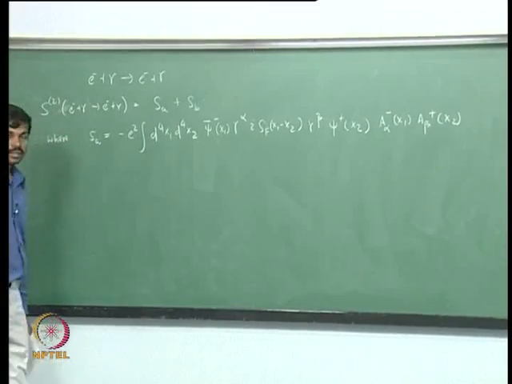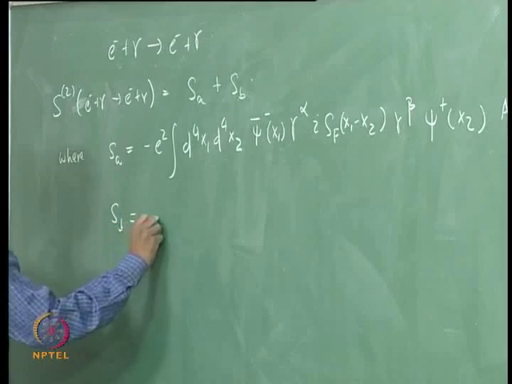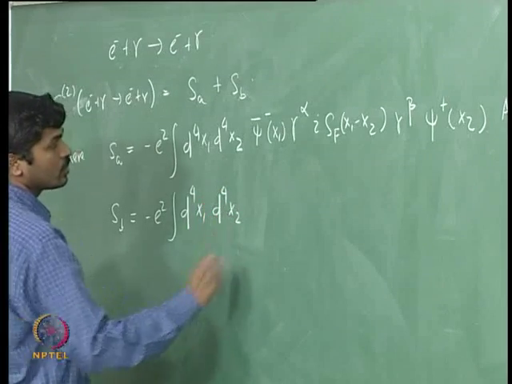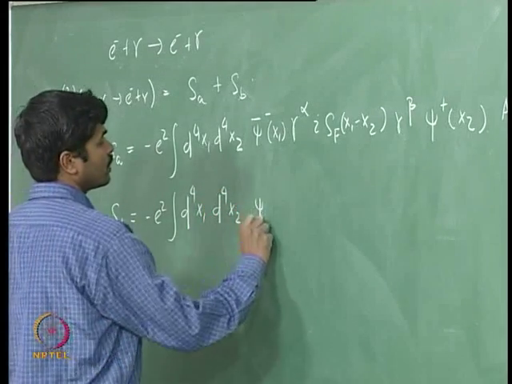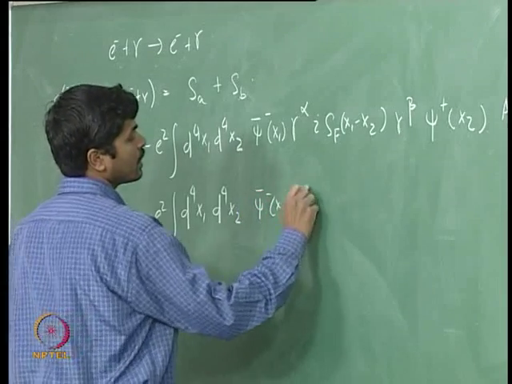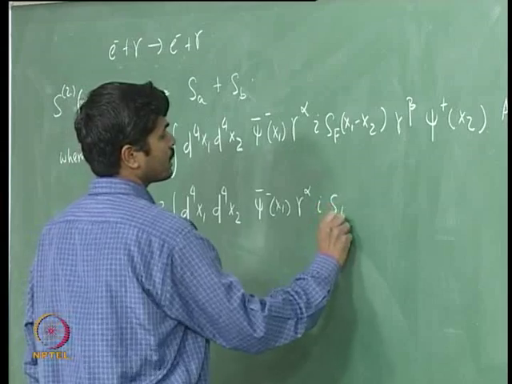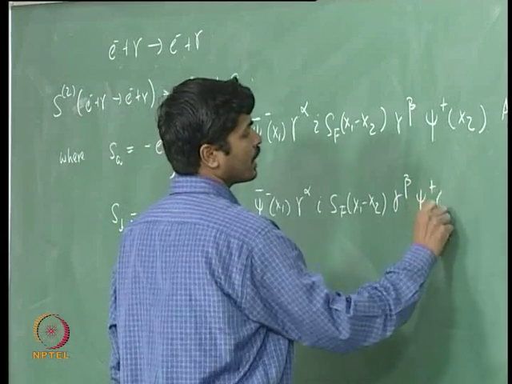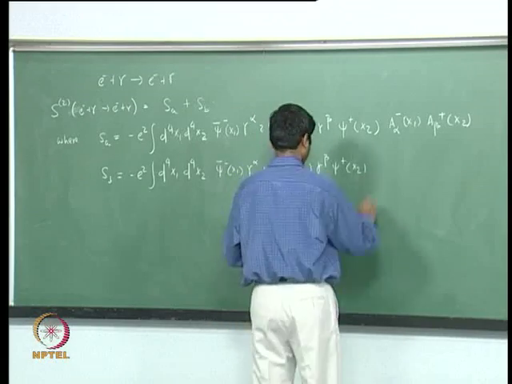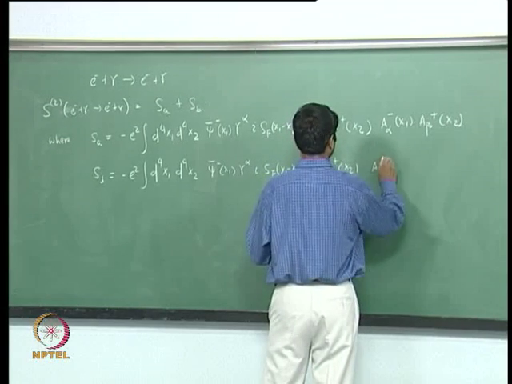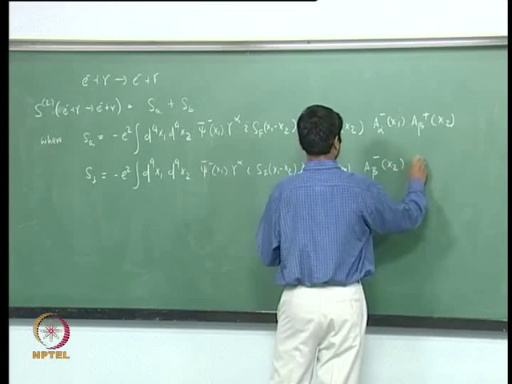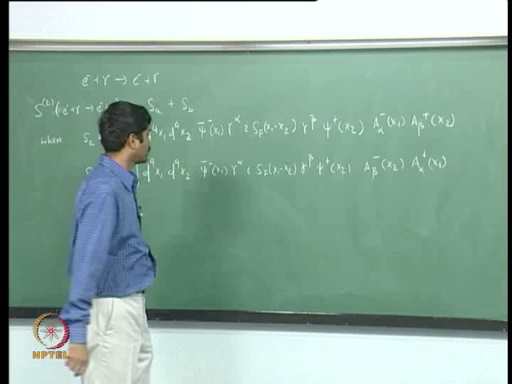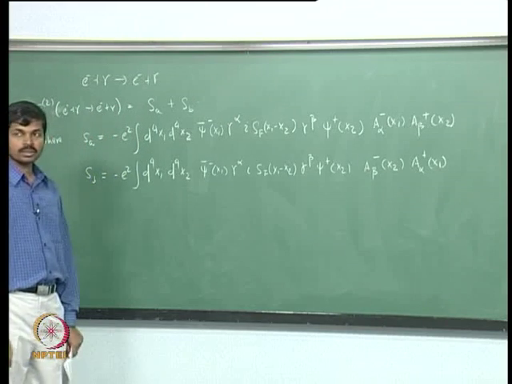and S_B is minus e² ∫ d⁴x₁ d⁴x₂, then ψ̄⁻(x₁) γ^α iS_F(x₁ − x₂) γ^β ψ⁺(x₂) times A^β⁻(x₂) A^α⁺(x₁). This is what we will get.